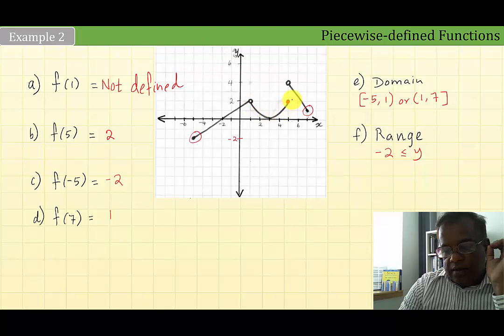And then you can take up to even 4, but 4 is not included, so it's less than 4. Now if you write in interval notation, this is from negative 2 to 4, where negative 2 is included and 4 is not included.